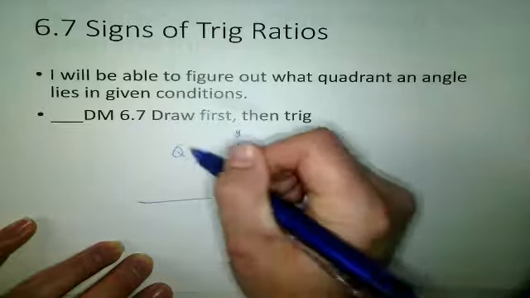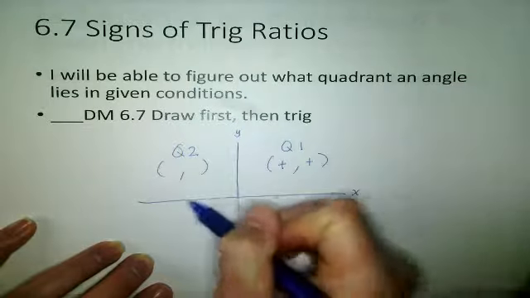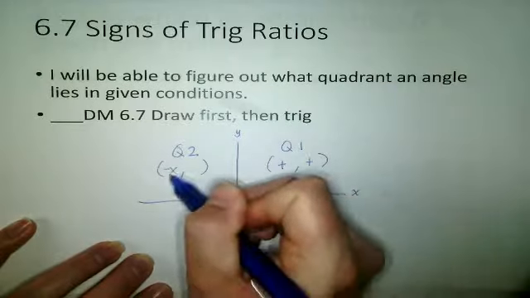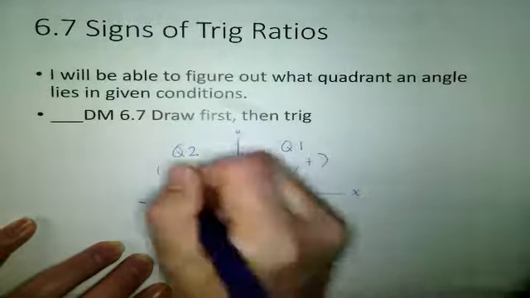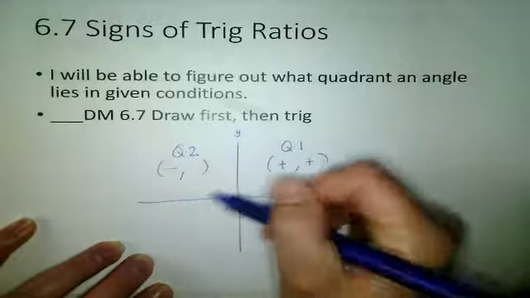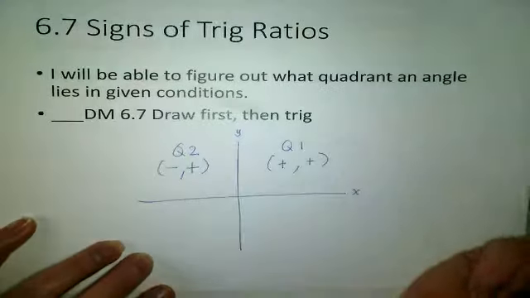In quadrant 2, all the ordered pairs are negative values in the x direction and positive values in the y direction.